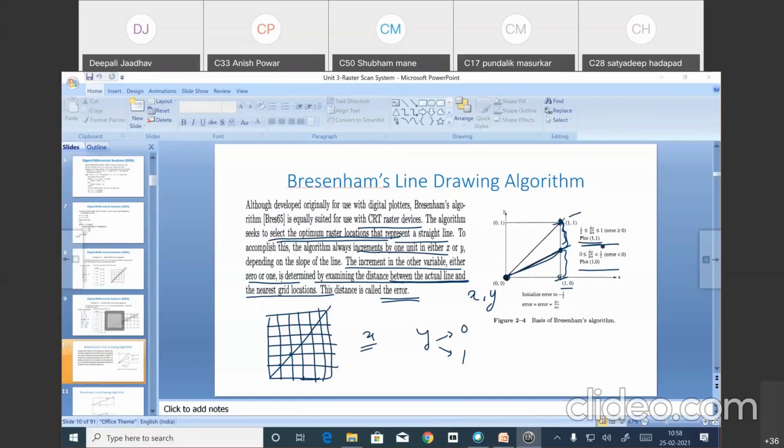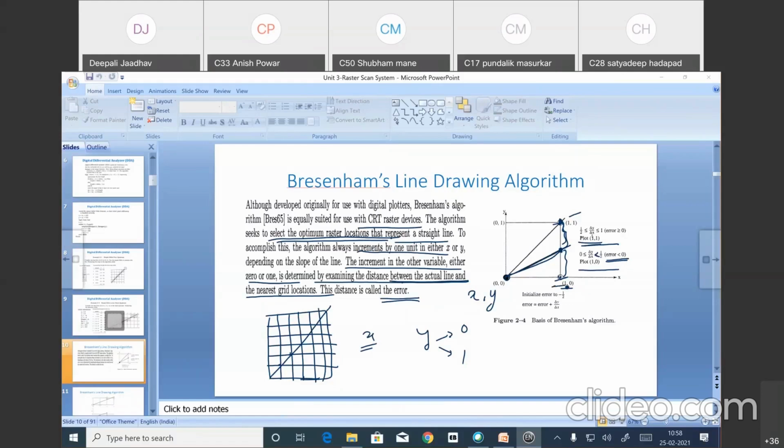So how to find out whether the error is positive or negative? If the slope is greater than or equal to 1/2 and less than or equal to 1, then the error is positive. If the slope is less than 1/2 and greater than 0, then the error is negative, which means select 1, 0, this one.